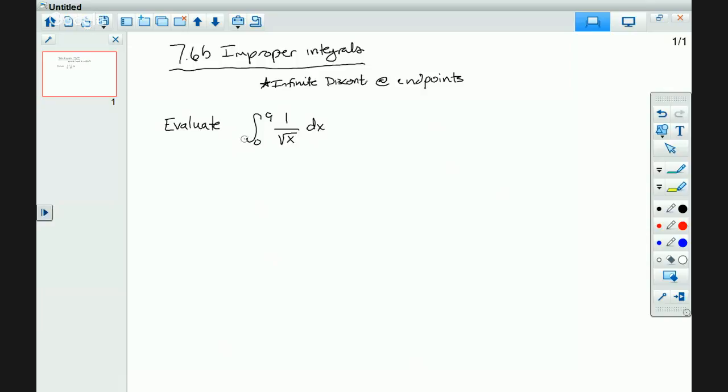Whereas today, these are not infinite limits, but the function has an infinite discontinuity in it. So this function, if you look at the graph, looks like that. If we're integrating from 0 to 9, we have to deal with this infinite discontinuity.